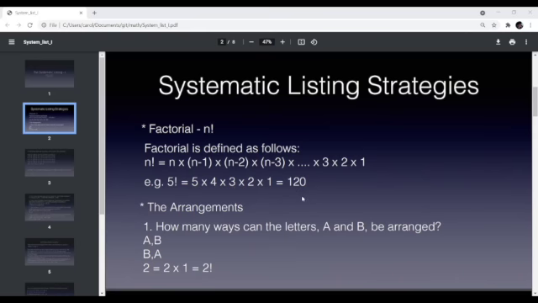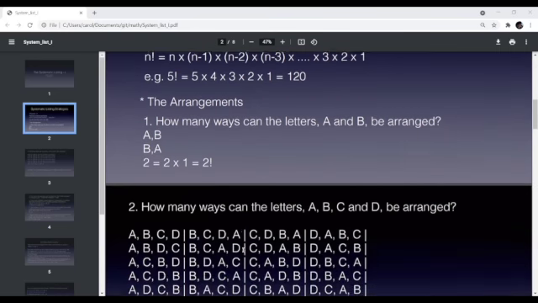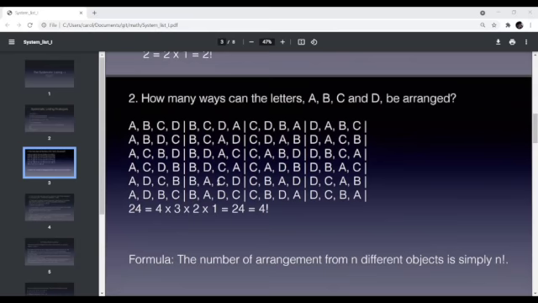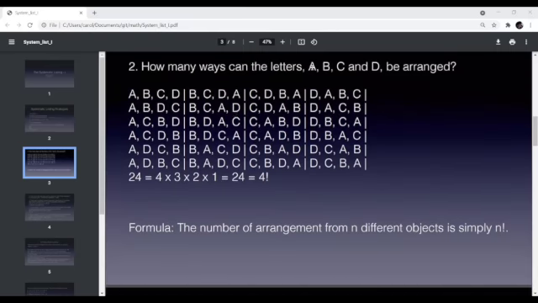120. The arrangements. How many ways can the letters A and B be arranged? A B and B A, which is 2. 2 equals 2 times 1, which is 2 factorial. In how many ways can the letters A, B, C and D be arranged?